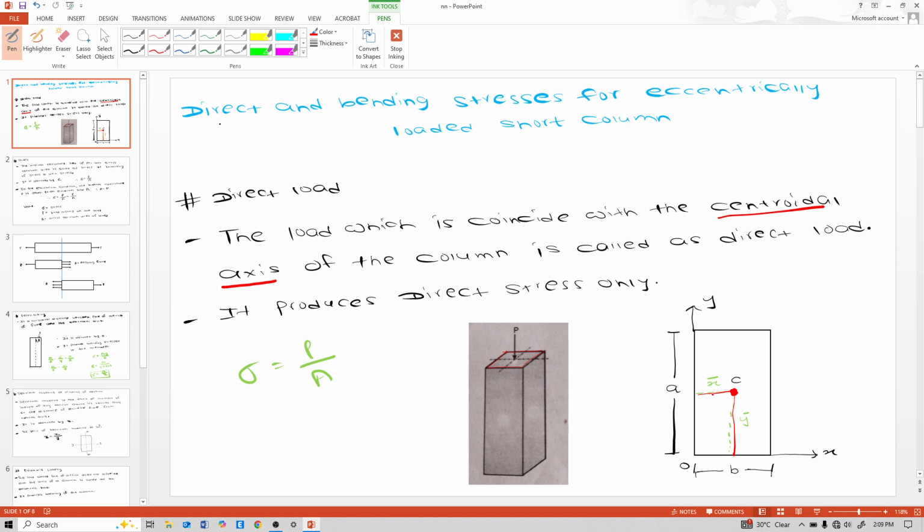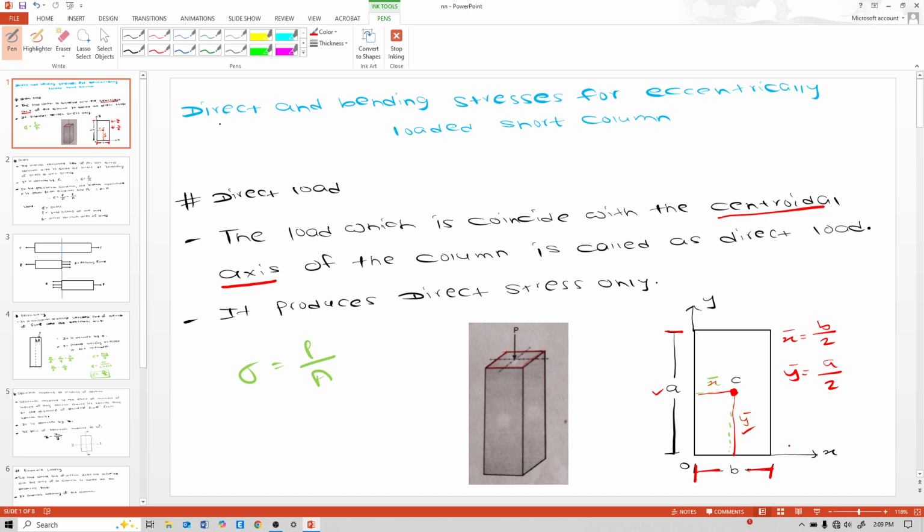This x bar is nothing but B by 2, and this y bar is nothing but A by 2, since this side is A. So this is x bar and y bar.